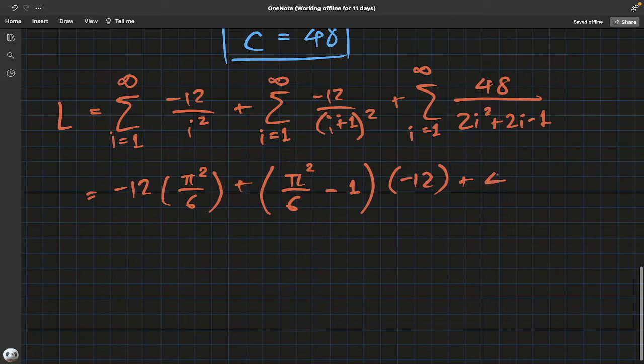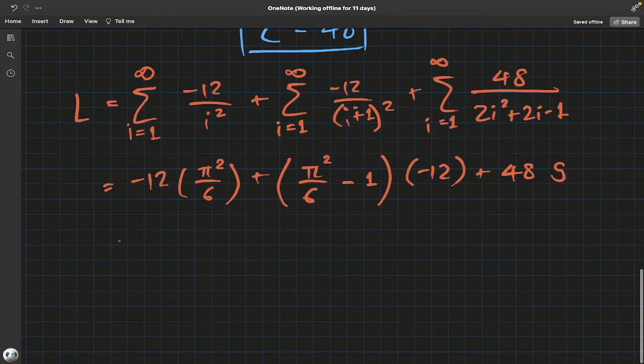This crazy infinite sum that we don't really know, I'm going to call that S. It has a prefactor of 48 from the partial fraction decomposition. This will become a negative 2, this will become a negative 2 and a 12. So we have 12 minus 4 pi squared plus 48S.